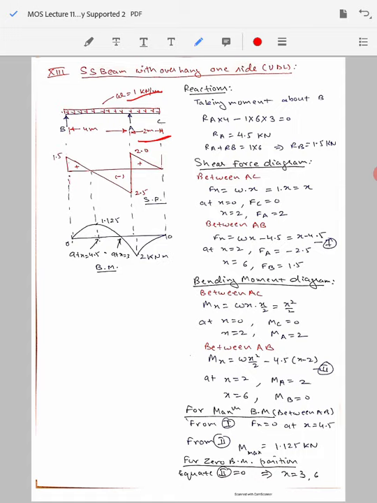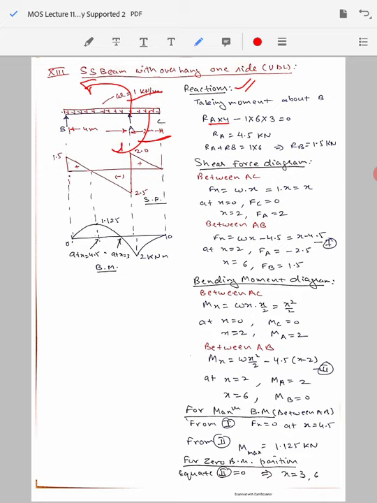The first thing that we do is to identify the reactions, and for the reactions, let's take the moment about the point B. So this will give us RA into 4, because the support reaction RA is acting at a 4 meter distance from the point B. So RA into 4 is the moment in the anti-clockwise direction. This is the direction of the moment, and because of the applied uniformly distributed load, there will be moment in the clockwise direction.